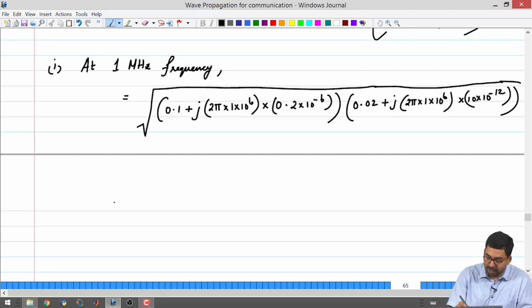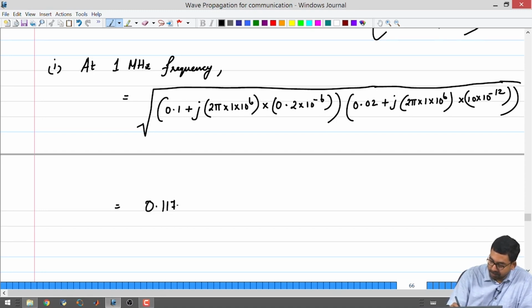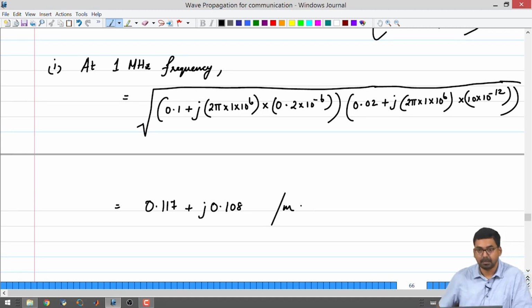I have made this calculation and I noticed that the value of the complex propagation constant is coming out to be 0.117 plus j 0.108 per meter.